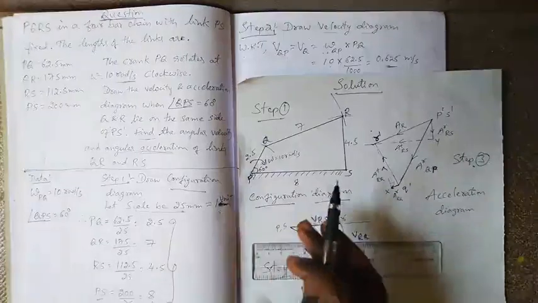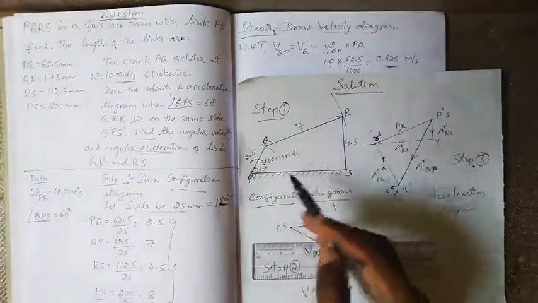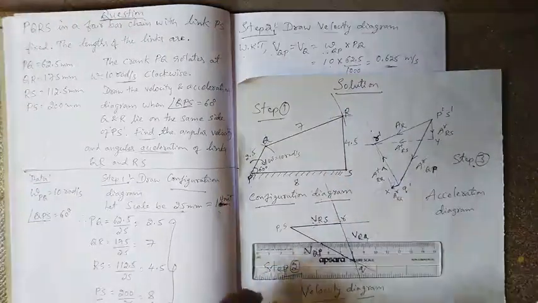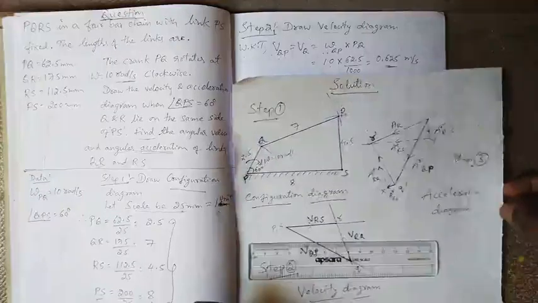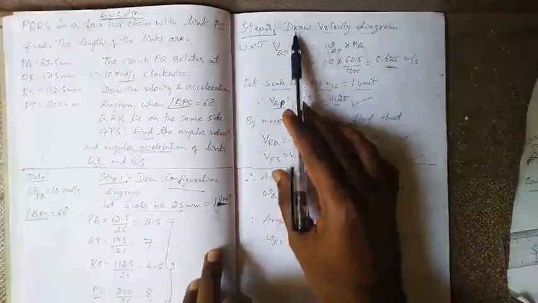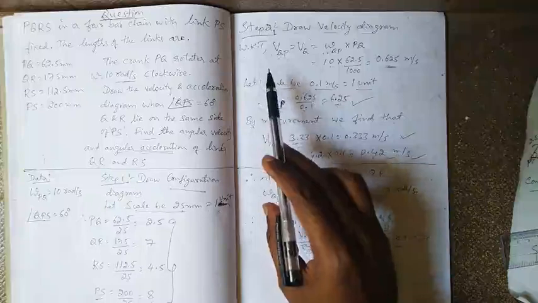So once you get this PQRS configuration diagram, the next step is to go for the velocity diagram. Before drawing the velocity diagram, we need to do some calculation. The calculation is like this. To draw the velocity diagram, we want the vector direction and magnitude.